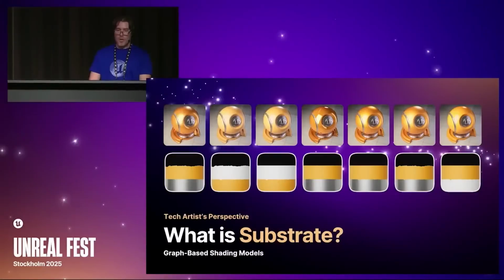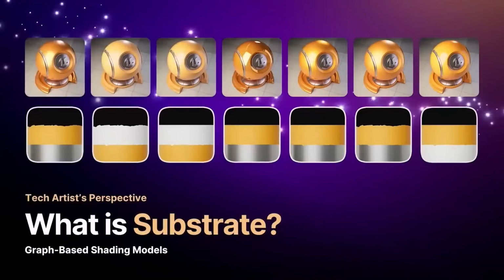like blending or mixing. The expressive range of the simplest Substrate materials is broad enough to recreate many previously custom or shader-hacked effects, such as oily skin, automotive paint, or fabrics with anisotropic highlights. In practical terms, Substrate allows developers to blend closures in an ad hoc fashion.